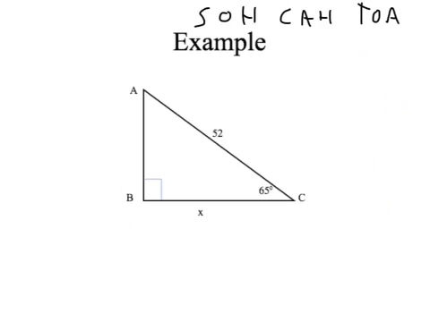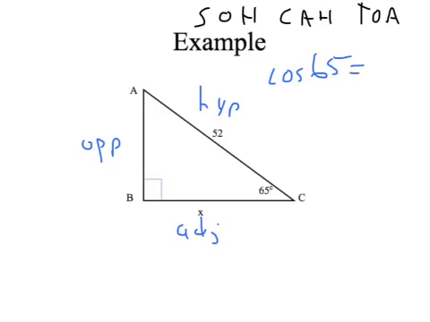And our final example, SOHCAHTOA is written at the top, so let's go ahead and label the sides. My hypotenuse would be here, adjacent is at the bottom, and opposite would be across the triangle from the 65. Alright, so we're given the adjacent side and the hypotenuse, so we're given the A and the H, so I'm going to use CAH, which is the cosine. So cosine of the angle, cosine of 65, is equal to my adjacent side, which is x, over the hypotenuse, which is 52.